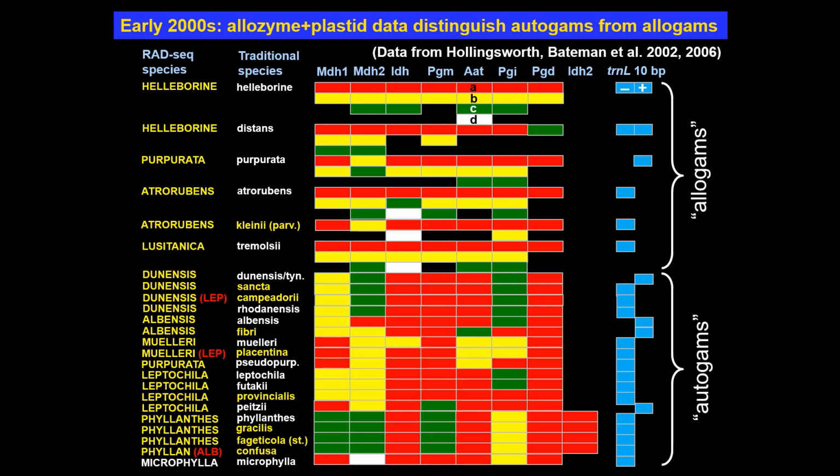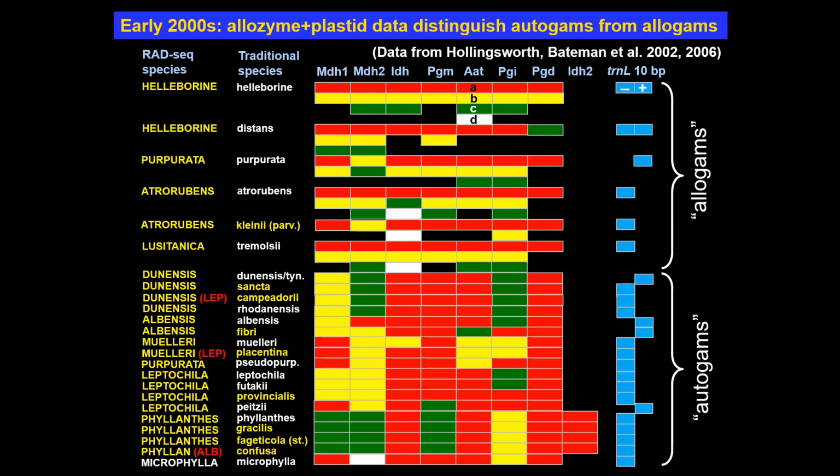The details of this aren't important, but you can see at a glance that the taxa at the top of this diagram, Epipactis helleborine, purpurata, and atrorubans, which we believe to be allogams, cross-fertilizers, have a diversity of different products for each gene. In other words, they have greater genetic diversity than the taxa towards the bottom of this diagram, like Epipactis phylanthes, Epipactis leptochila, and Epipactis junensis, where there is a consistent genetic composition and no evident variability.